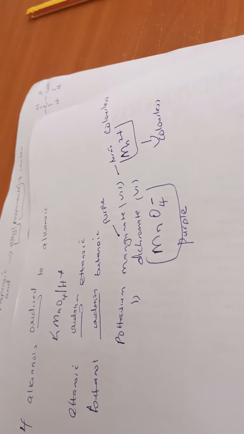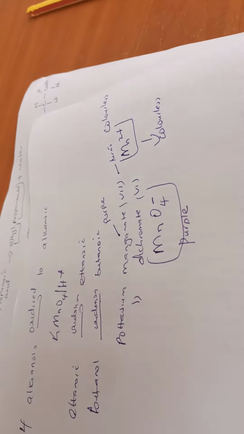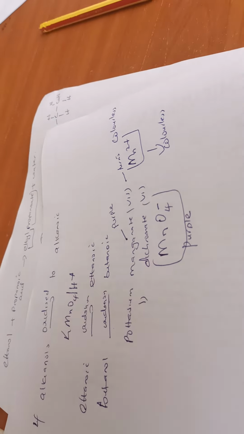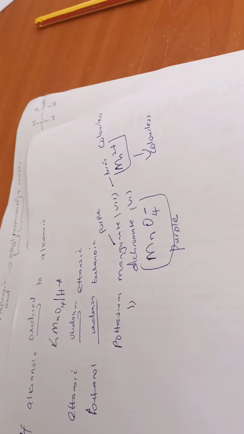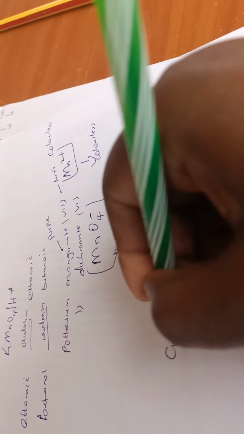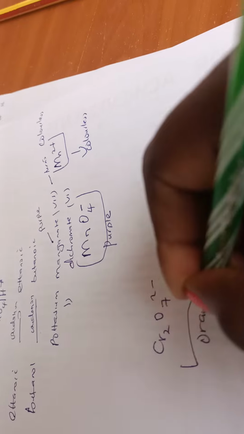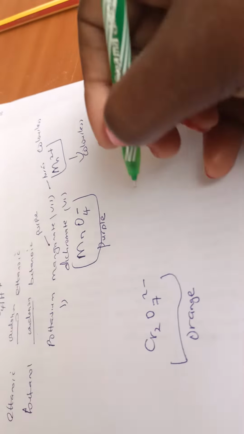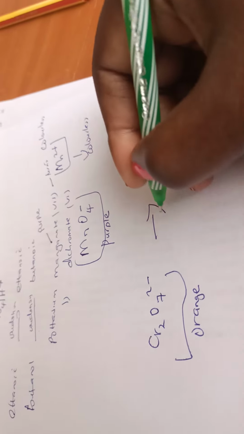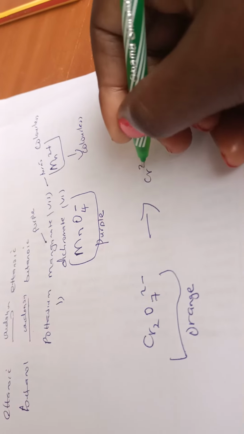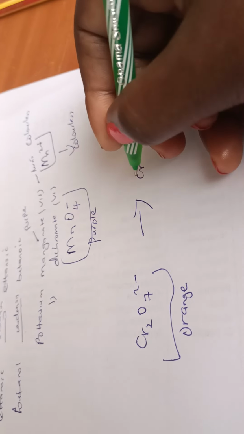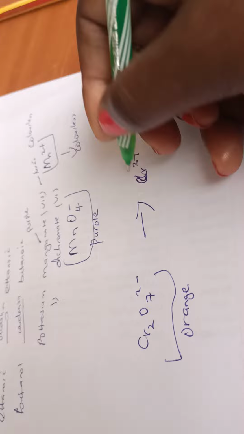The same case applies when we have acidified dichromate(VI). Dichromate(VI) ions are orange in color and they are reduced to chromium(III) ions, Cr3+. Make sure yours is not joined.